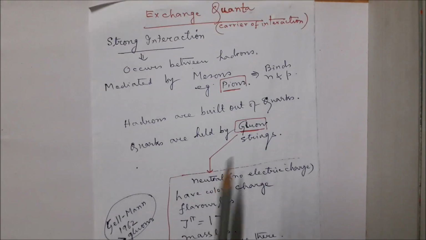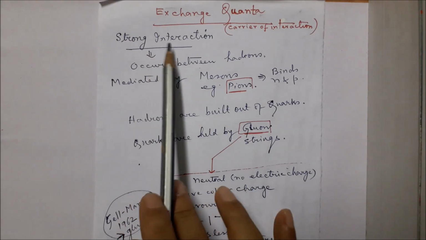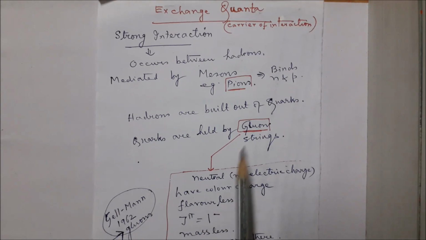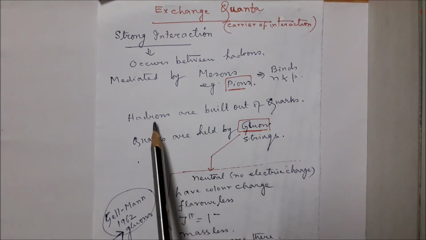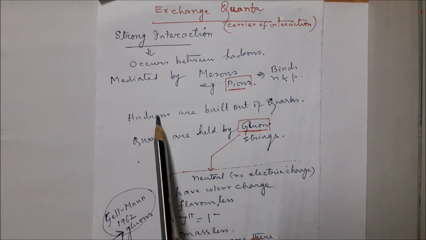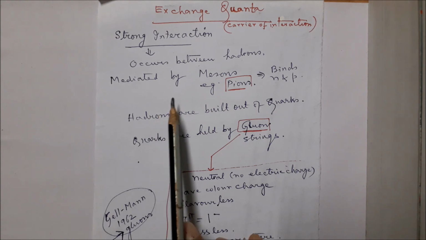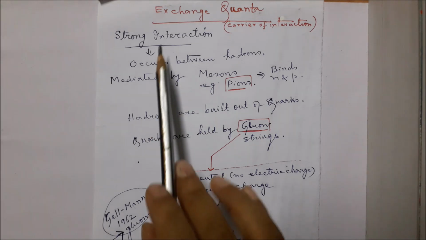So gluon is the carrier of strong interaction between quarks, which are constituents of hadrons, which are particles which take part in strong interaction.